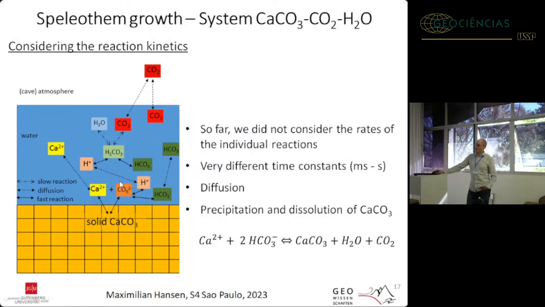And this CO2, which is formed during the reaction, would need to be transferred out of the solution again. So as long as you have precipitating conditions, you have production of CO2, and you have to remove the CO2 from the solution to keep the solution supersaturated with respect to calcite. Okay?